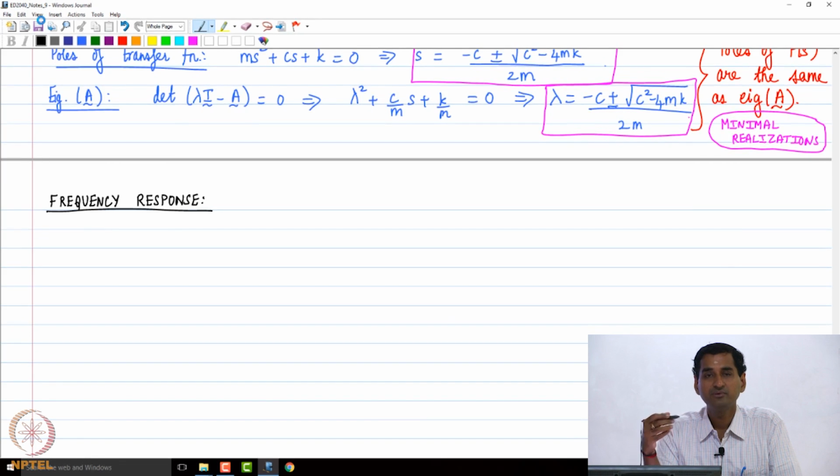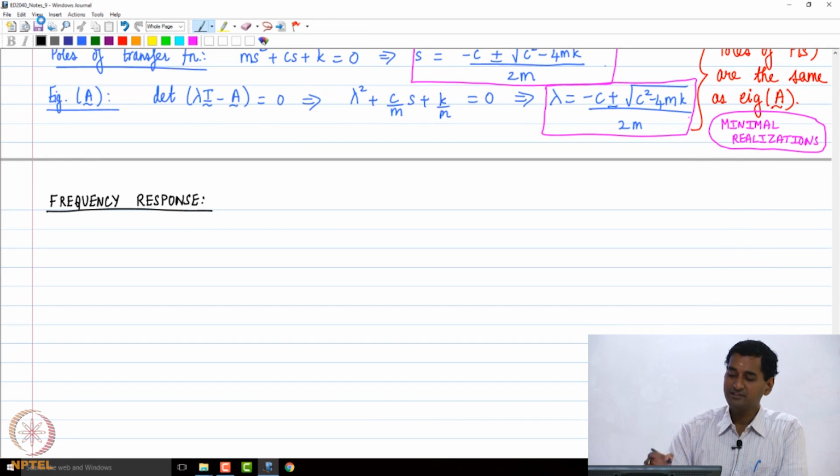Till now, if you recall, predominantly, we have looked at the step response of dynamic systems to come up with performance parameters like time constant, rise time, settling time, peak overshoot, and so on, correct? So now we are going to analyze what happens when we provide a sinusoidal input to the system, okay? And that's what frequency response deals with, okay?